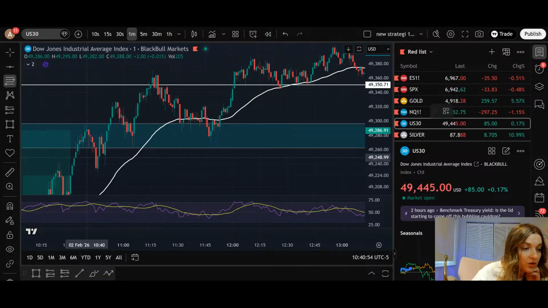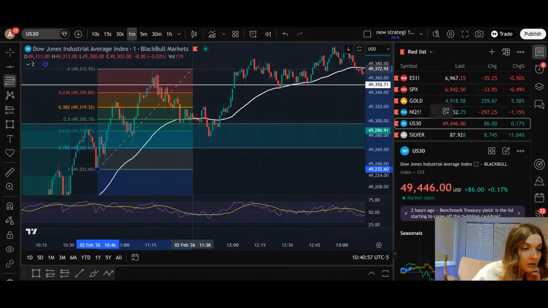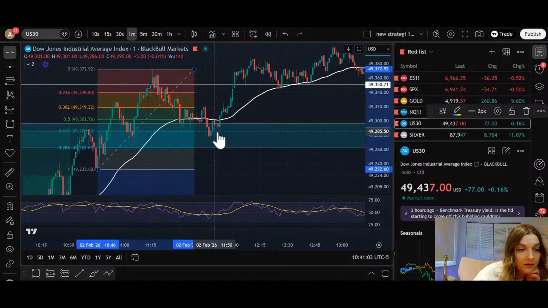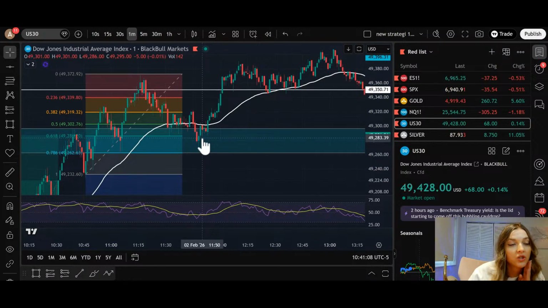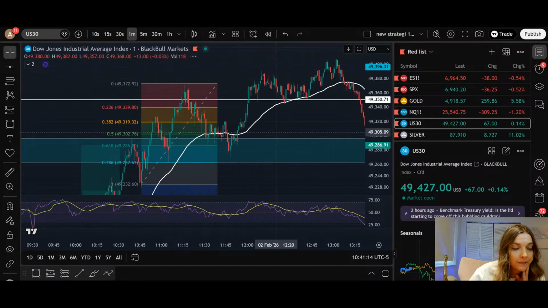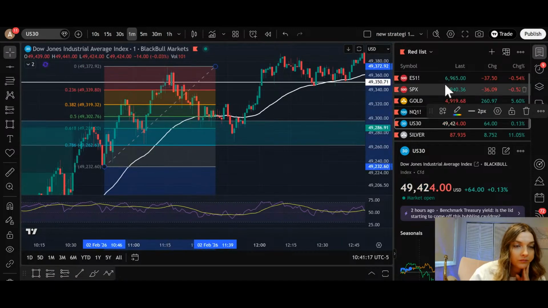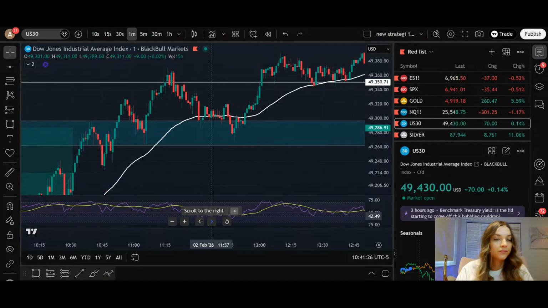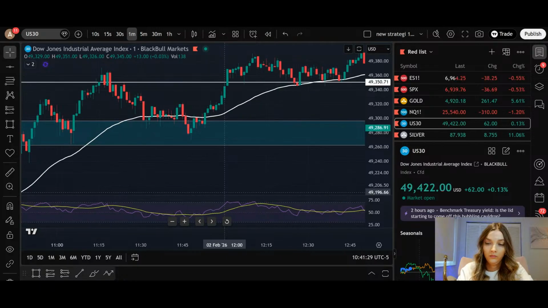So you put a Fibonacci and you can see this matches the Fibonacci exactly. It matched this great area. So now you have a double confirmation that the price goes up. You see? So, yeah.